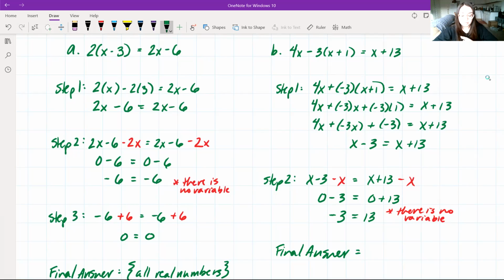So this means that our final answer is going to be no solution, which we can represent as what's called the null set or the empty set. We'll detail this in another second, but it looks like a circle with a slash through it. And this signifies the empty set or the set of no numbers. So this tells us that there is no solution.